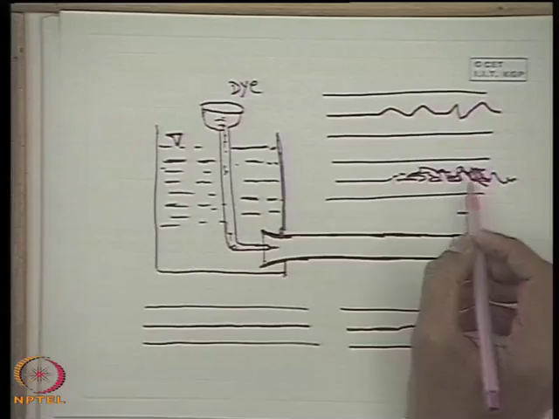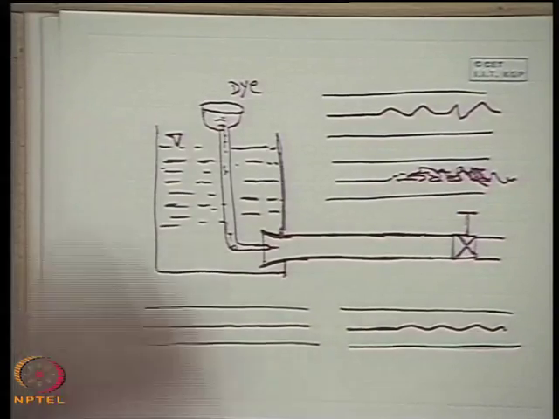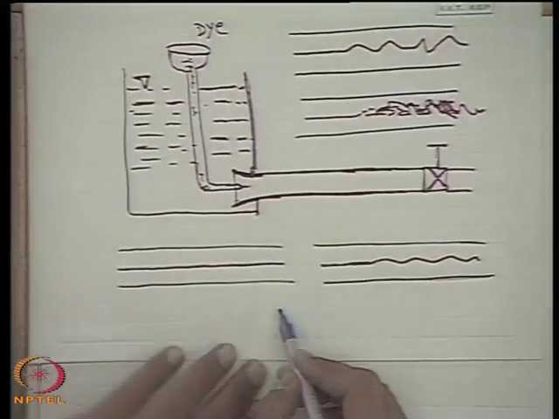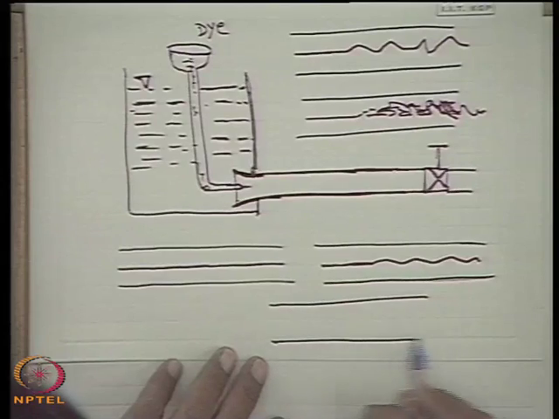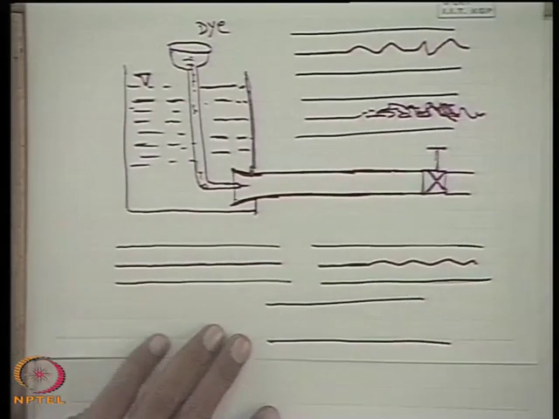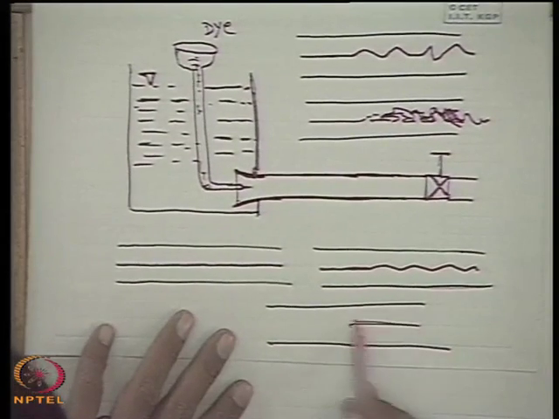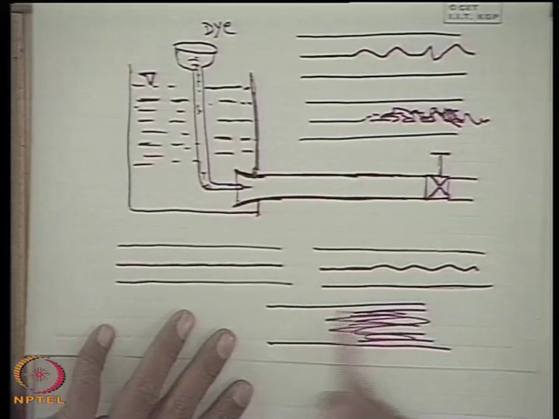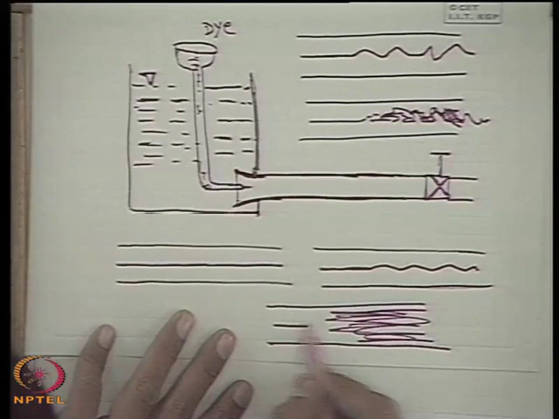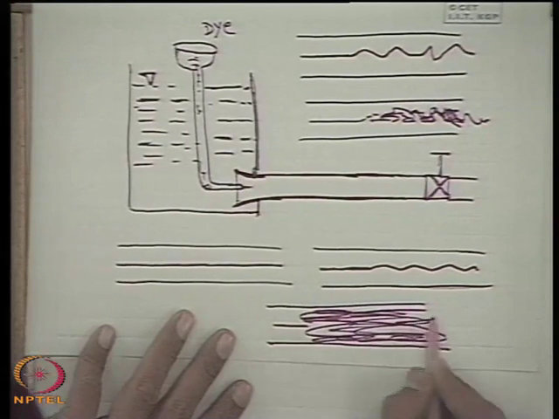And at still higher flow it was found that the entire liquid becomes evenly colored. That means the dye mixes everywhere due to this movement, and ultimately the entire liquid becomes colored liquid.